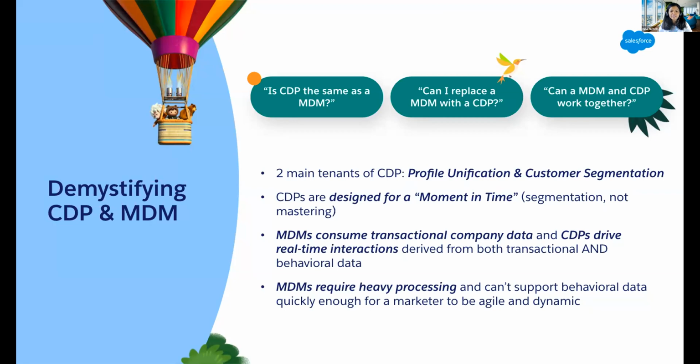A couple of things that are important to note: MDMs, in a sense, consume transactional company data and require heavy processing and can't support behavioral data quickly enough for a marketer to be agile and dynamic. So you can't pivot with an MDM easily. But with the CDP, they actually drive real-time interactions, which can be derived from both transactional and behavioral data.